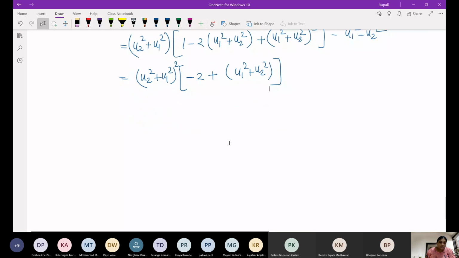Now this is strictly less than 0 if u belongs to the ball centered at 0, 0 with radius root 2, and u not equal to 0.